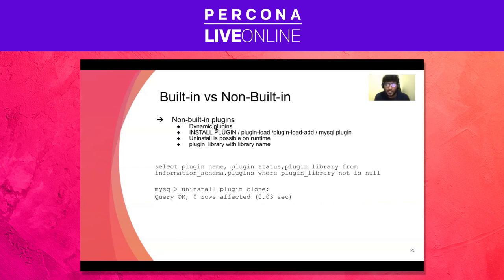Uninstall is possible at runtime unless the plugin state is FORCE_PLUS_PERMANENT. Otherwise, you can uninstall the plugin at runtime. You can identify the non-built-in plugins using the below query. Here the PLUGIN_LIBRARY column is not NULL, so it will have the actual library name.